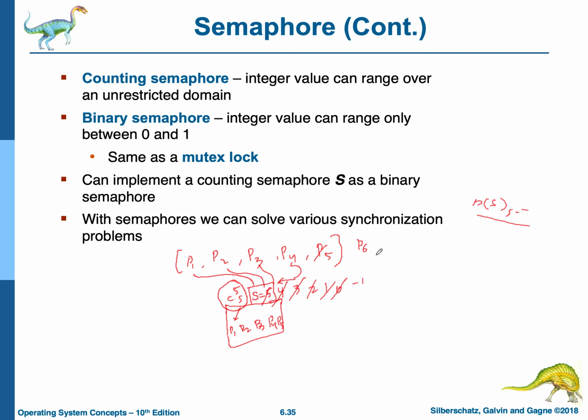Now remember that if the resulting number is negative, then the process which made this number negative would be shifted to another memory. We call it the block list.